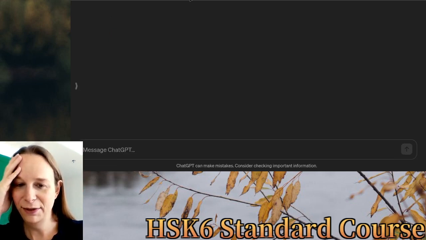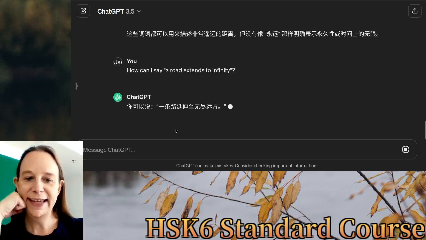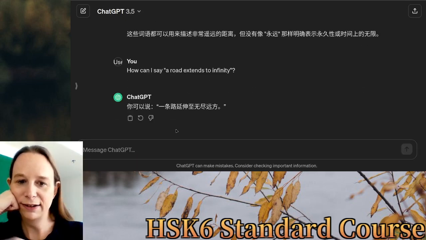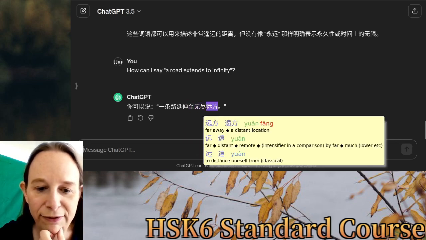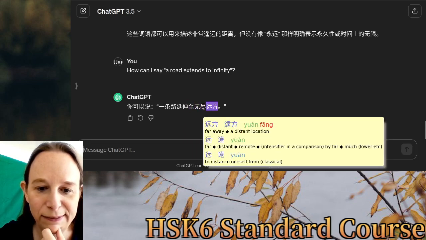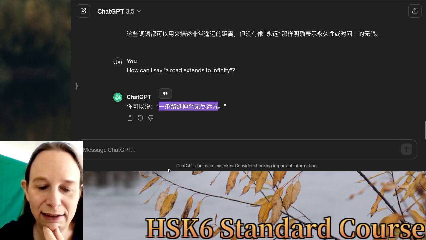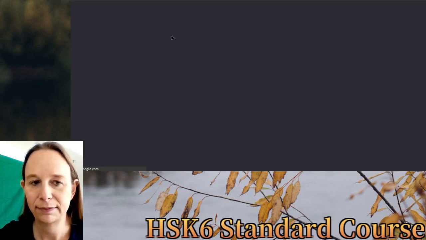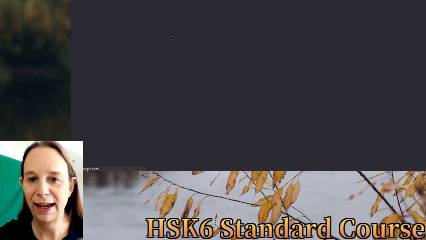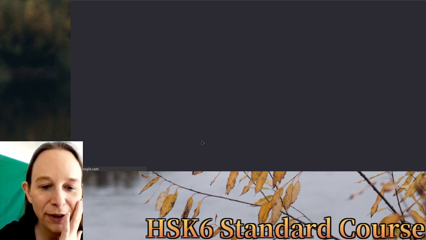This road extends to infinity. I don't know. 这条路延伸到无尽远方. Is that what people say? I googled it. It's not coming up. Maybe it's not worth it.